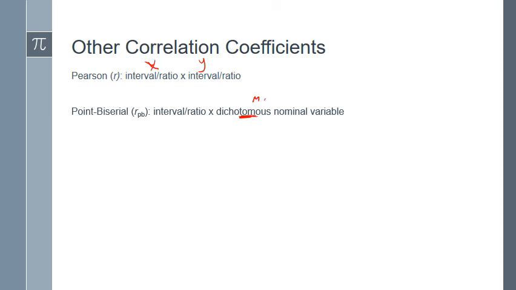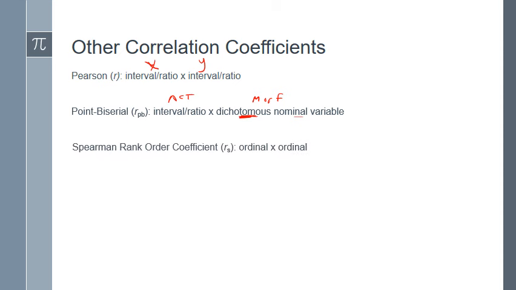So male or female, and then test score, ACT score, something like that. So that's an interval, that's dichotomous. There you would use a point biserial. You can do voter, non-voter, PC owner, Mac owner, and then some interval ratio. That's point biserial. That's when you'd use that instead.